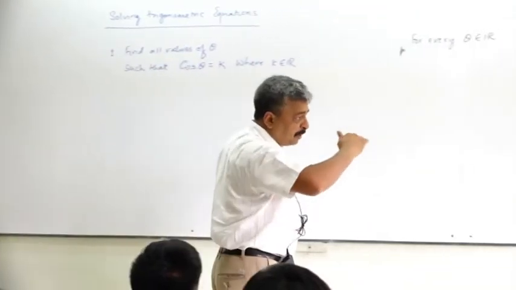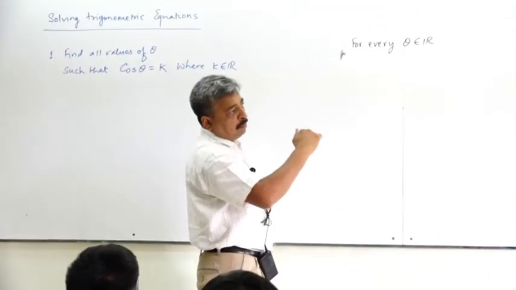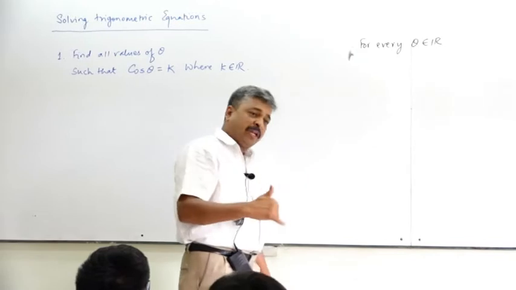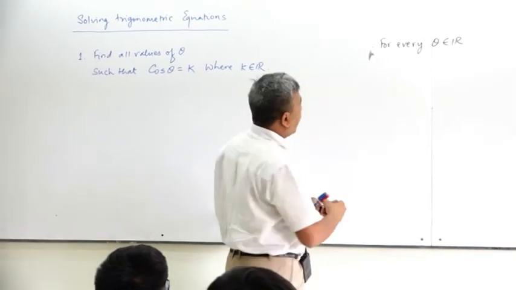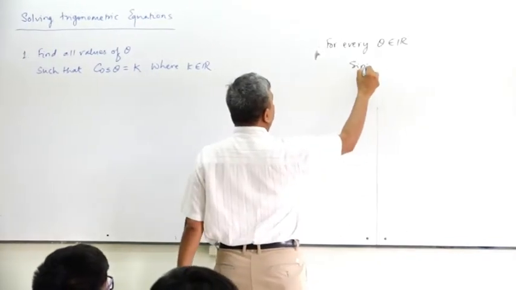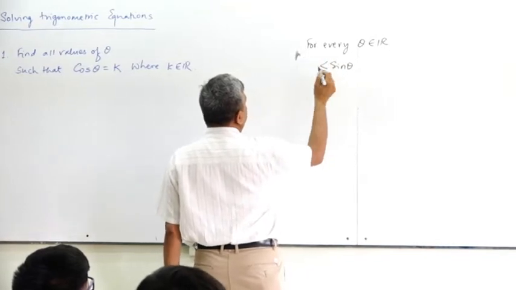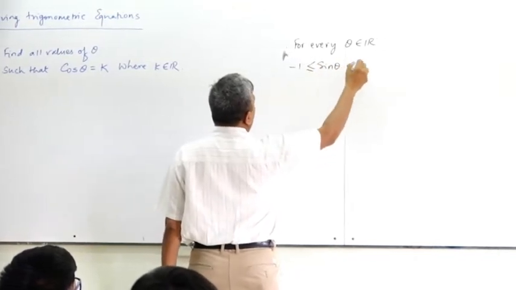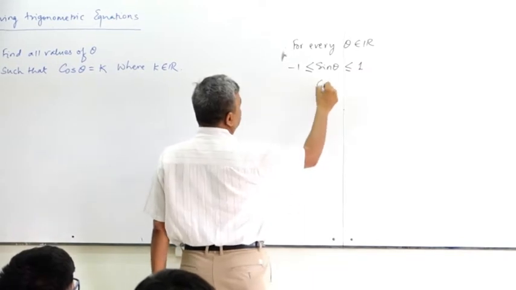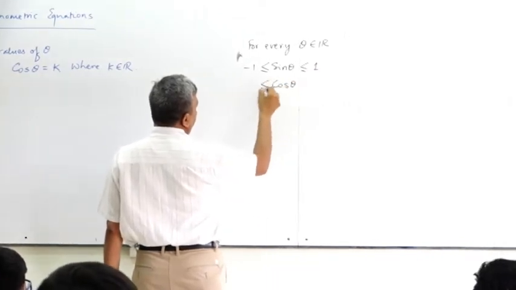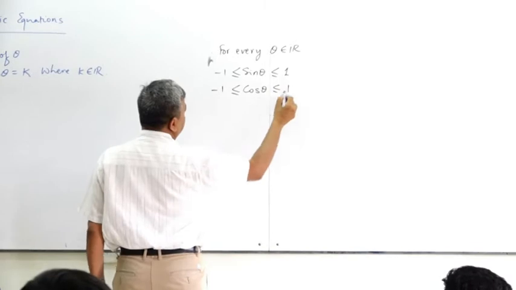So the graph was maximum going up to 1. Beyond 1 we cannot go. What was the minimum value of sin theta that we got? So sin theta will always be greater than -1 and will always be less than 1. Cos theta, we also observe that this will also follow exactly the same.